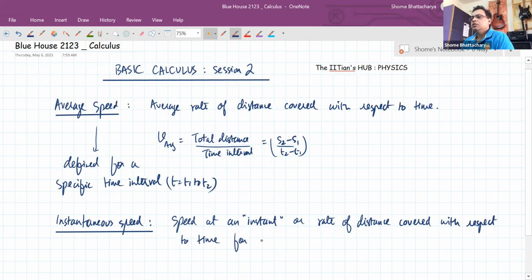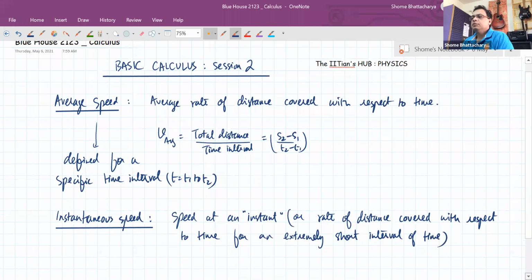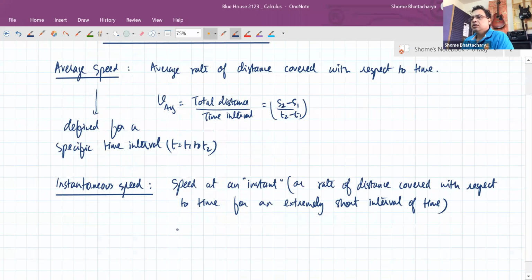But that is for an extremely short interval. That's what we mean by speed at an instant, that instantaneous speed becomes like delta S by delta T, but with an additional qualifier that delta T is extremely short.